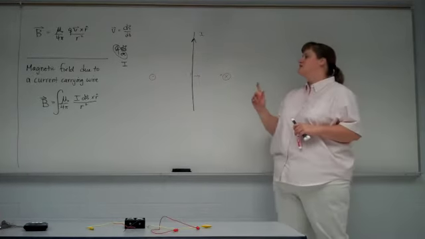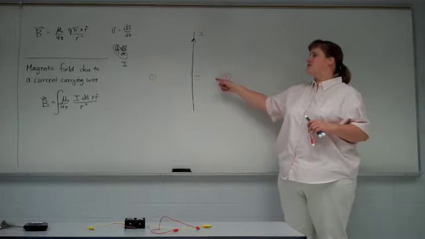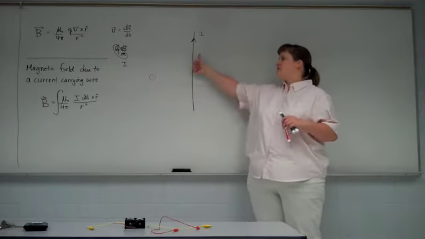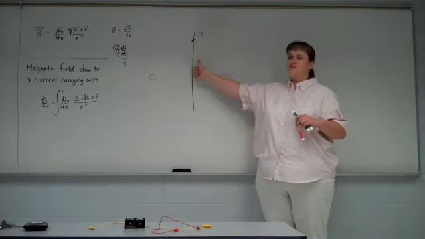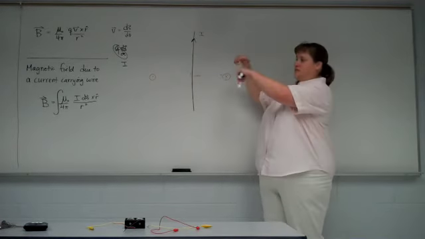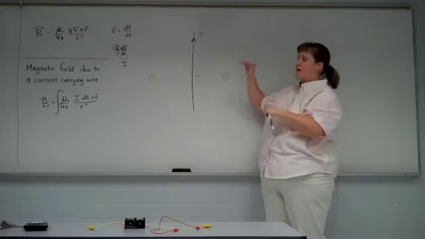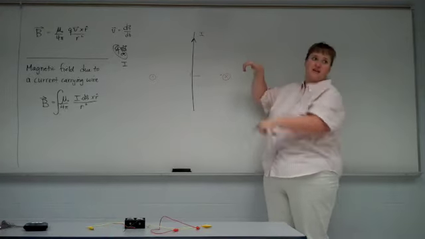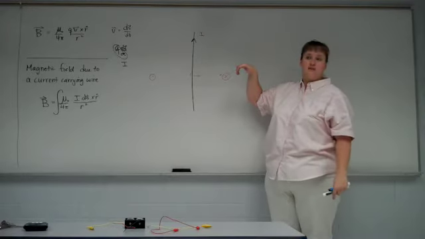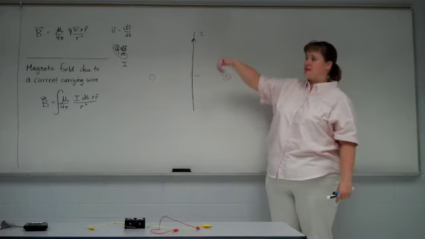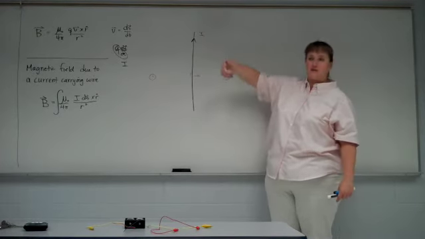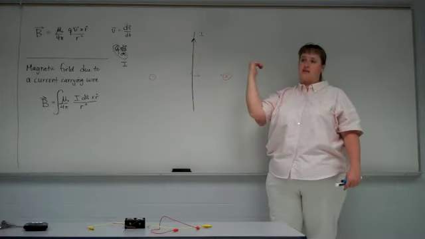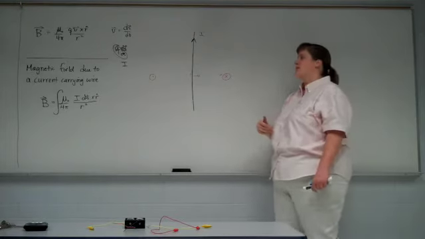Second right-hand rule, since we know the magnetic field is going to be circles around the wire, turns out if you put your thumb in the direction of the current, your fingers show you which way around. Imagine your fingers being arrows. Your fingers show you which way around your thumb the magnetic field will circle. So if the current's coming out at you, the magnetic field will be counterclockwise circles. If the current's flowing away from you, the magnetic field will be clockwise circles.